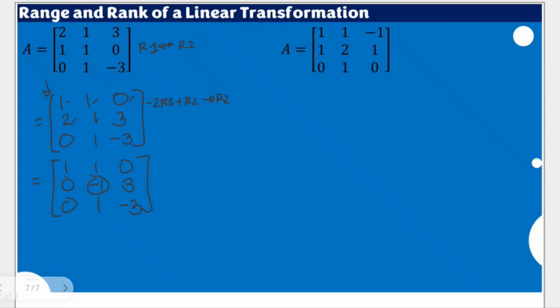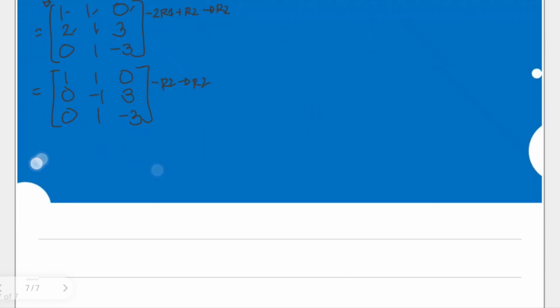Let's make this a leading one. You can multiply negative 1 to row 2 for a new row 2 so that you will have a leading 1 here. So 1, 1, 0, then 0, 1, negative 3. When we make this 0, this is what will happen: negative of row 2 plus row 3 for row 3.